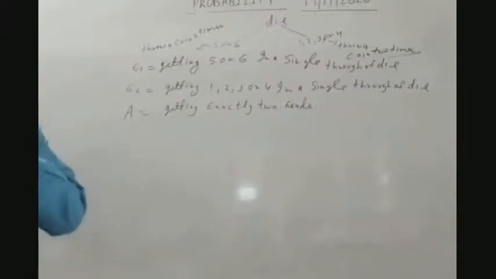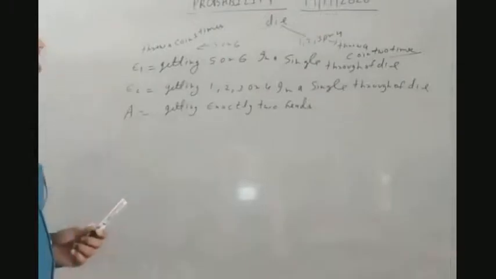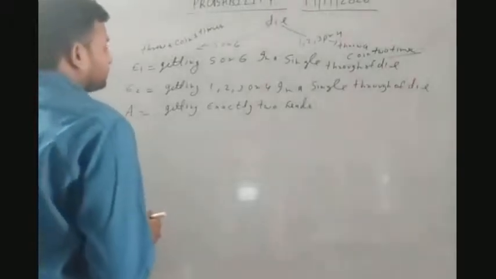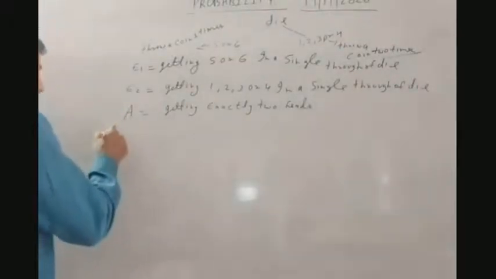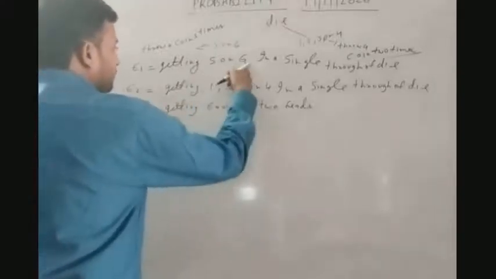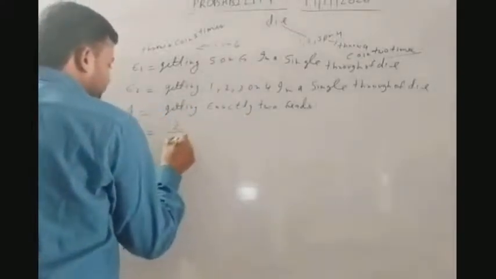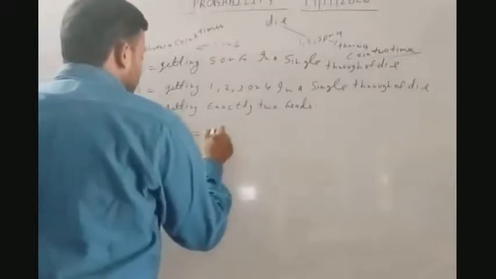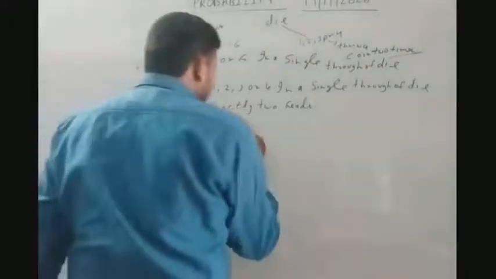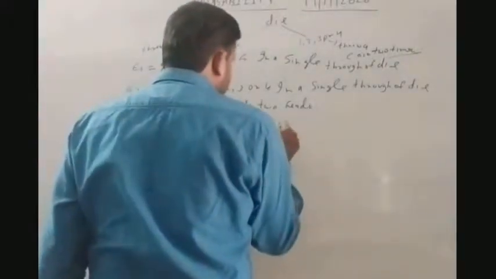Okay, so our probability of E1 is what? This is 2 by 6, means 1 by 3. Probability of E1 is this, and again probability of E2.